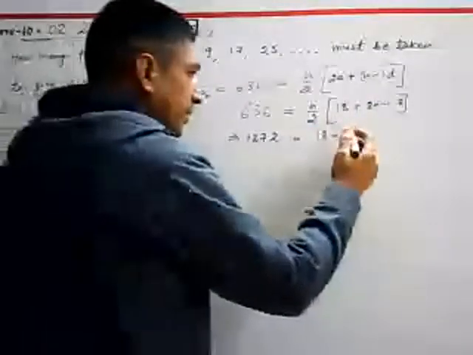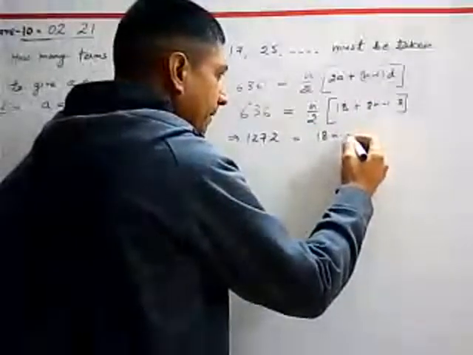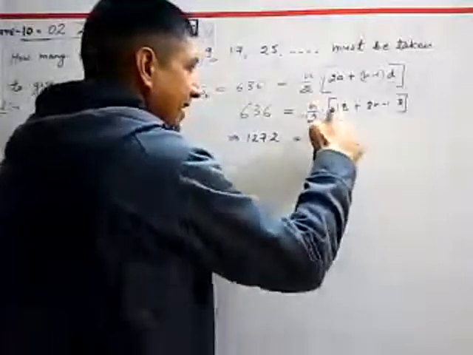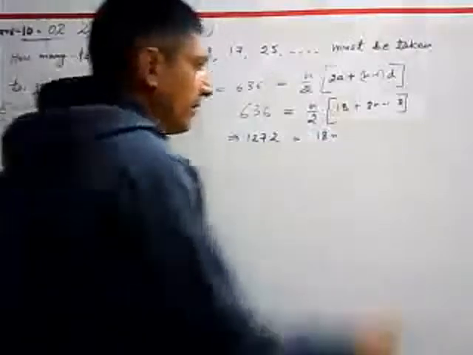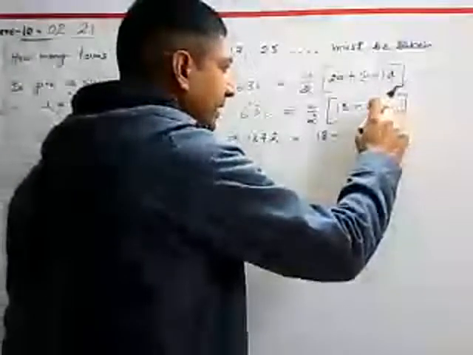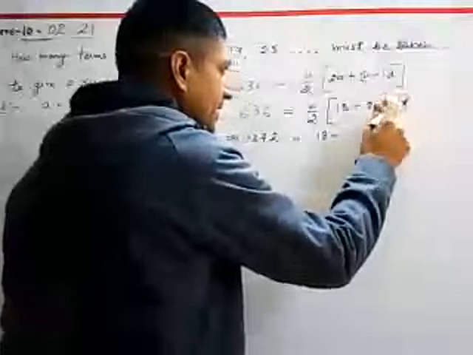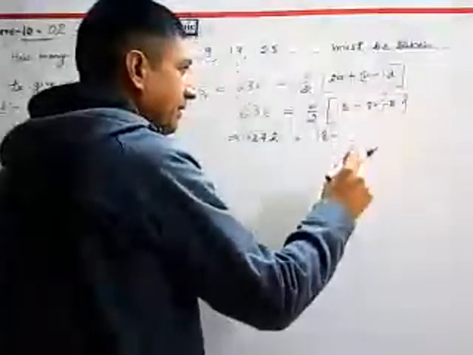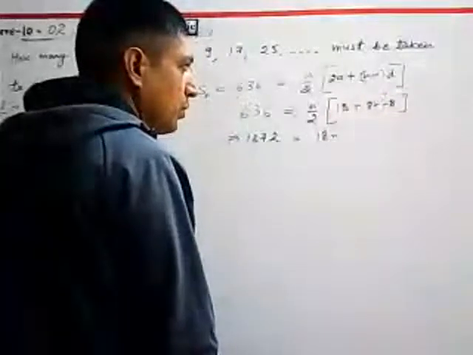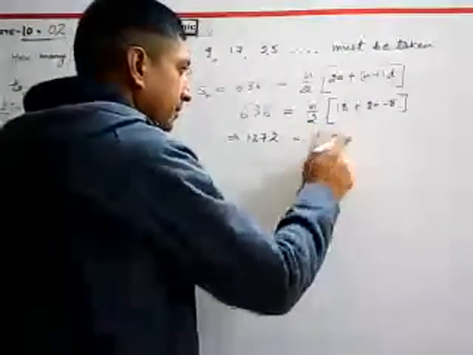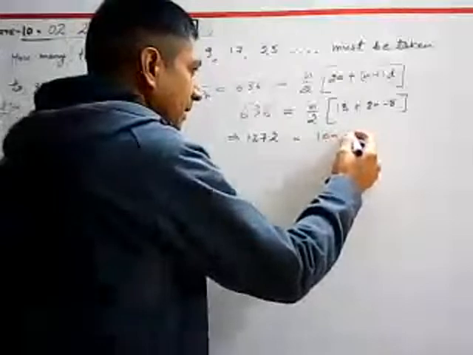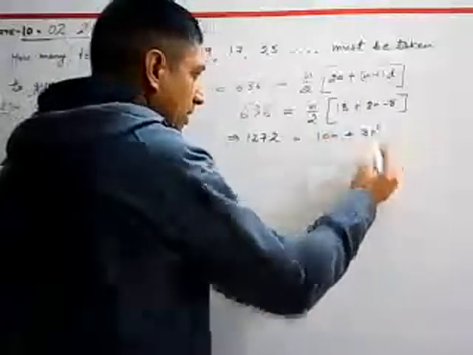So here it is 18n, and when we subtract, it becomes 10n plus 8n square.